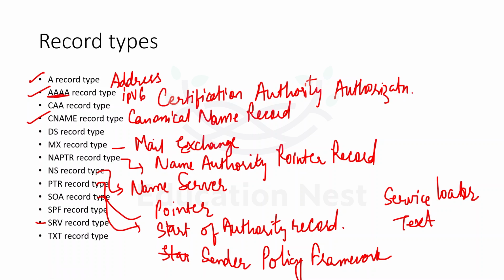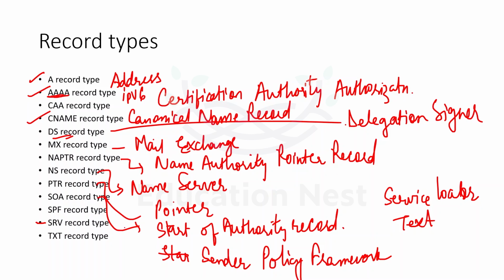So these are all the different types of records that we have in Route 53. These are all the supported types. And one is left over here, that is DS. DS stands for Delegation Signer. This is basically used when you want to establish a chain of trust when you are configuring DNSSEC signing.